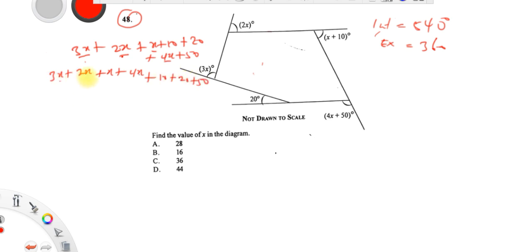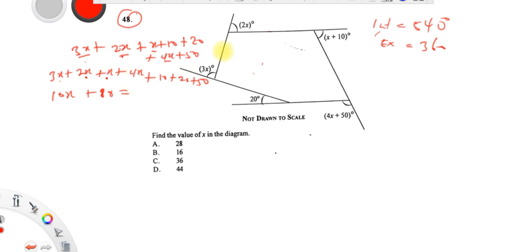So 3s plus 2s is 5s, 6s, plus 4s, we get 10s. Then 30 plus 50, you get 80.